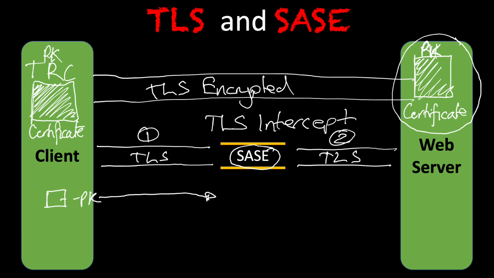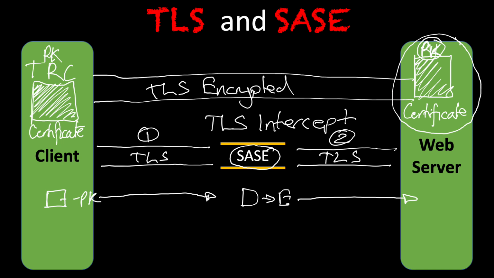The SASE platform decrypts that traffic and inspects it, with a number of inspections such as policy management. Then it re-encrypts that traffic using the public key of the web server and sends it to the web server. The web server decrypts the traffic using its corresponding private key.